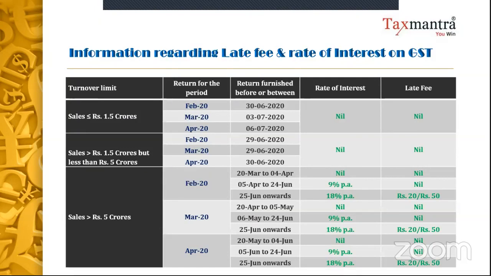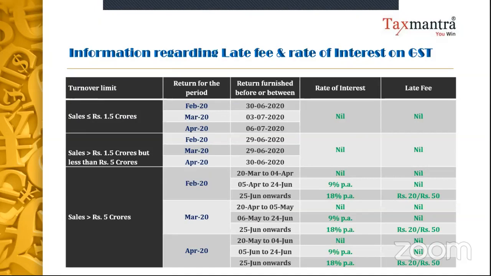If any taxpayer makes a payment between 5th April to 24th June, there will be 9% interest and no late fees. In case of 25th of June onwards, the interest rate will be 18% per annum, and the late fees will be levied, rupees 20 or 50 as the case may be.